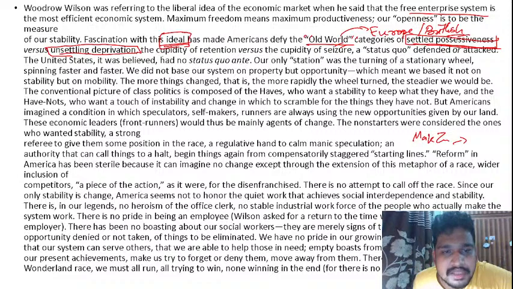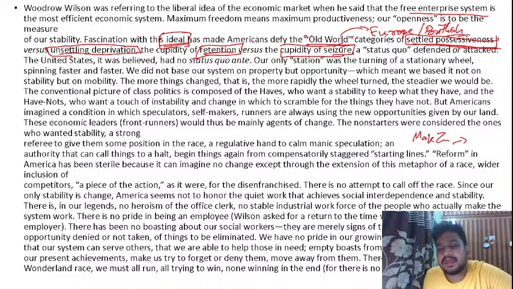Now, the cupidity of retention versus the cupidity of seizure. Cupidity of retention is what we Indians and Europe do. Seizure is basically seizing every moment you get, every aspect you get. You want to conquer the world. That is what America does. It goes to various parts of the world, including the Middle East, including everywhere.